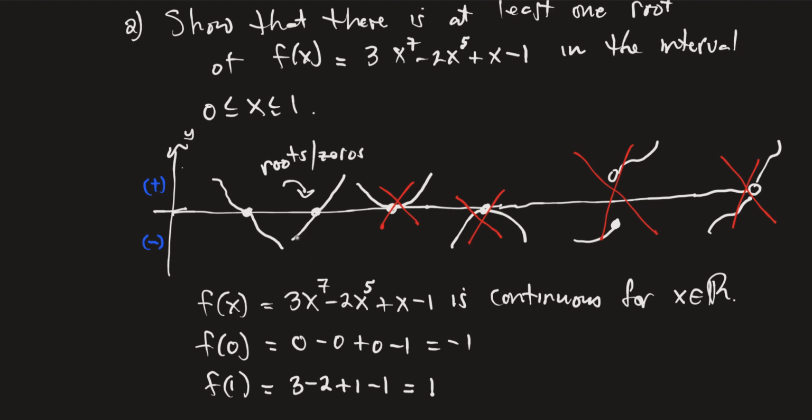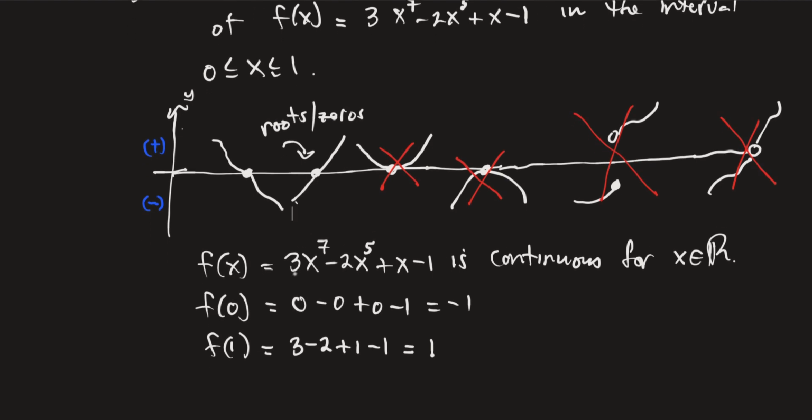So it starts somewhere down here. And then at the right endpoint of the interval, if I plug 1 in, I get a positive 1. So it changes from negative to positive, and because it's continuous, it has to pass through the x-axis. So it has to have a root, right?